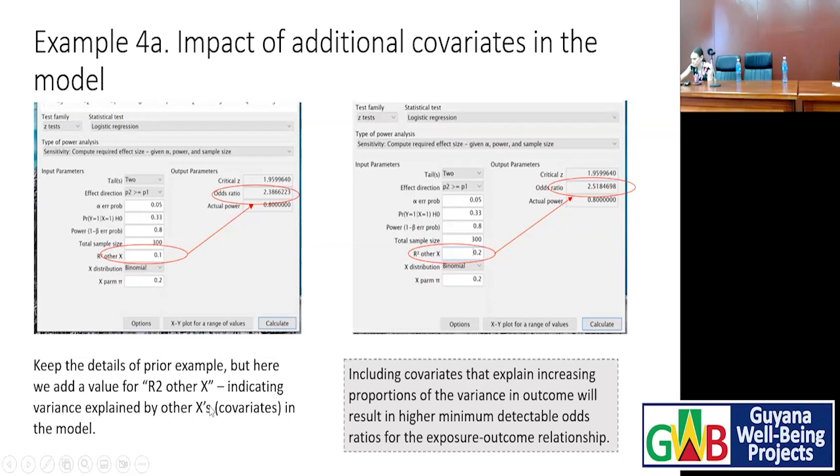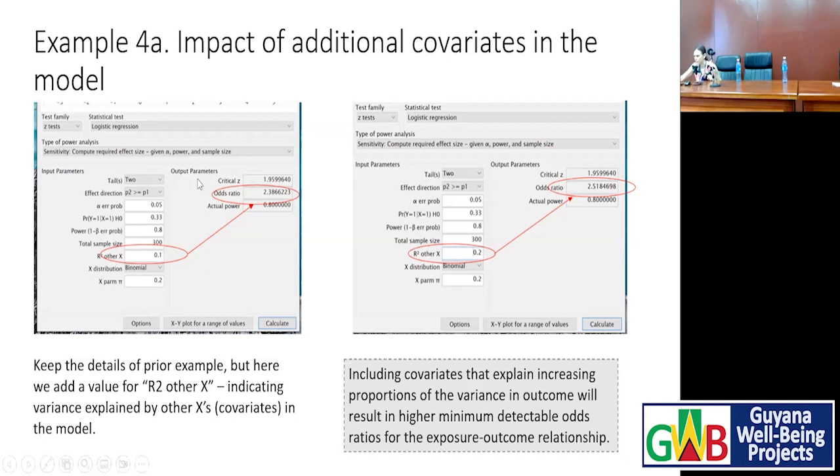Okay, so now one thing we didn't get into was the other covariates in the model. Remember we talked about this a little bit, this R squared for other X's, and I had just filled that in as 0 and said we'll assume nothing there. Let's look at this example and see what happens if we say we are measuring some other covariates and we're going to consider them.